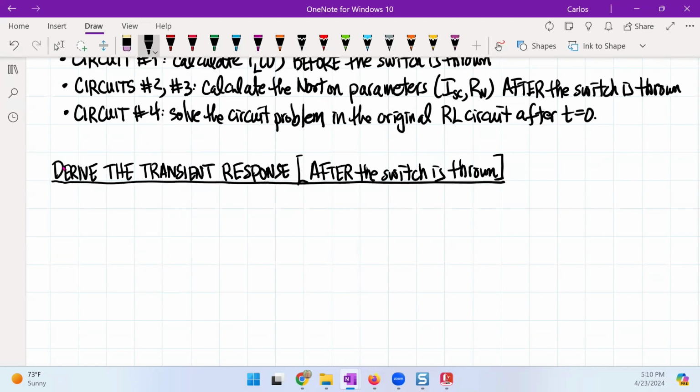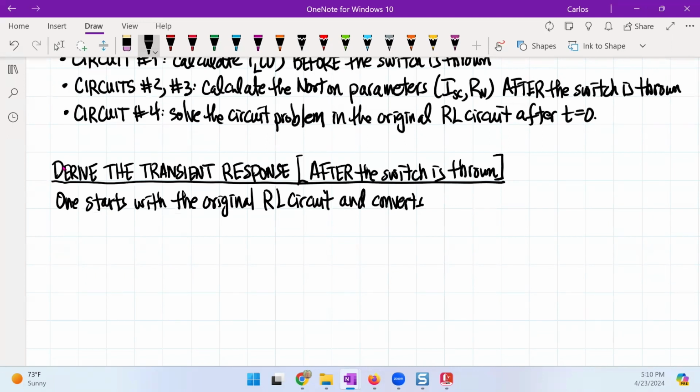So let's look at that. I'm going to say that one starts with the original RL circuit and converts it into Norton form.